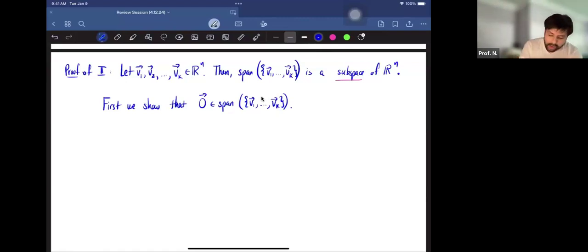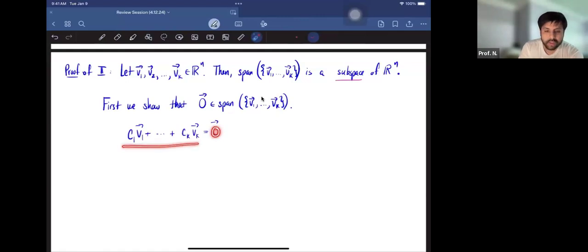So how would one write c1 v1 plus ... plus ck vk equals 0? How do we express 0 as a linear combination of v1 through vk?